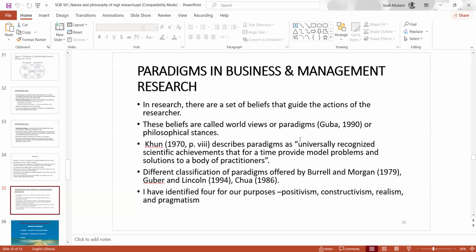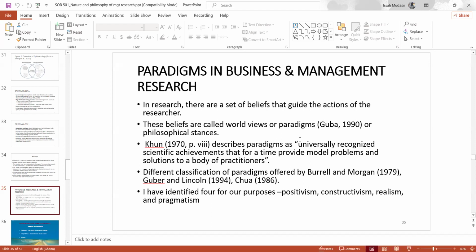Okay, they have branches. So, for instance, somebody may say that in terms of philosophy, I am a feminist. So there's a philosophy that is feminism as a philosophy of research. Or somebody will say that I'm a critical realist. So it's also a philosophy.